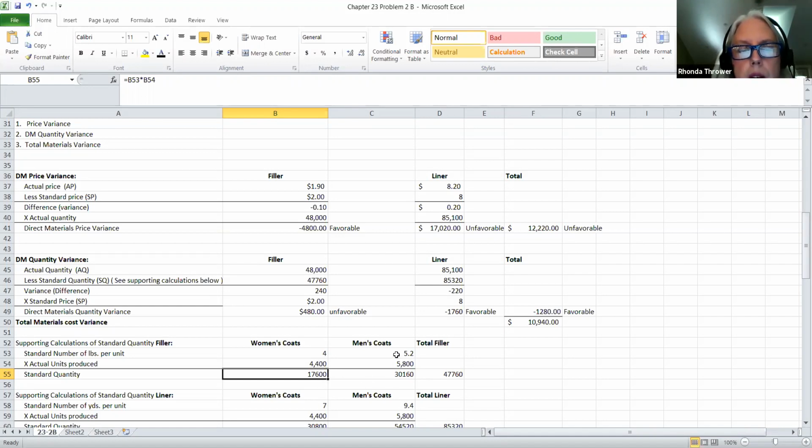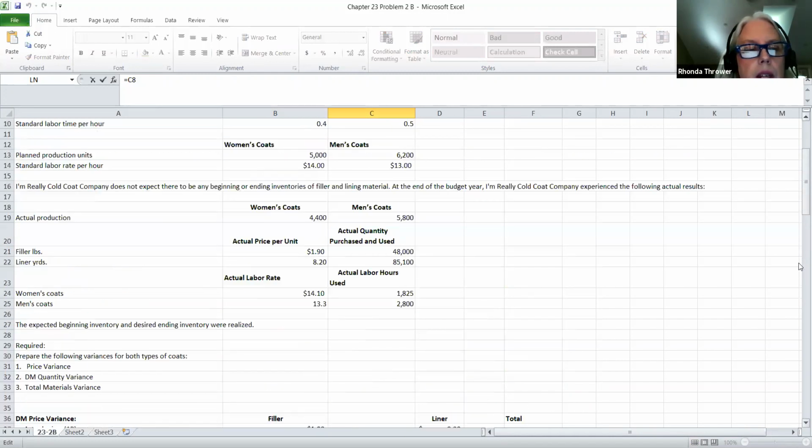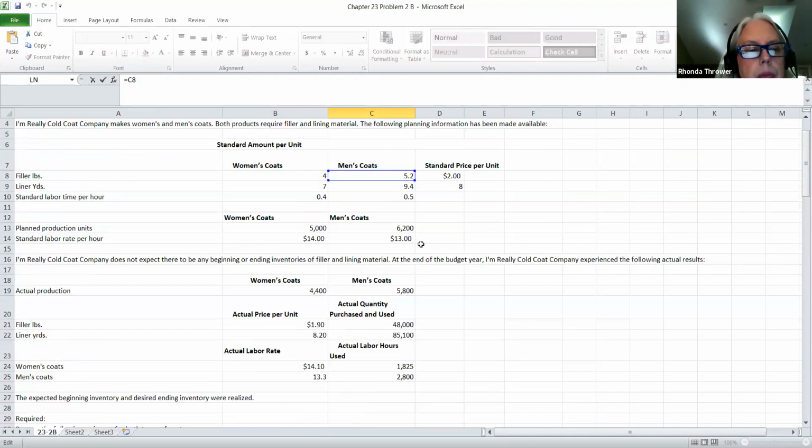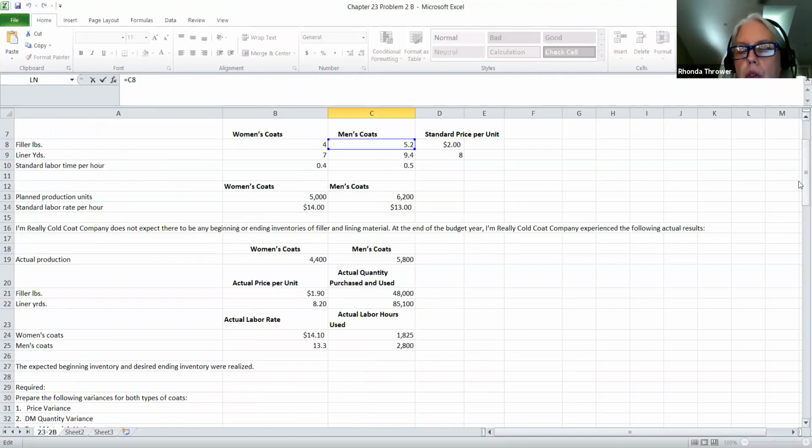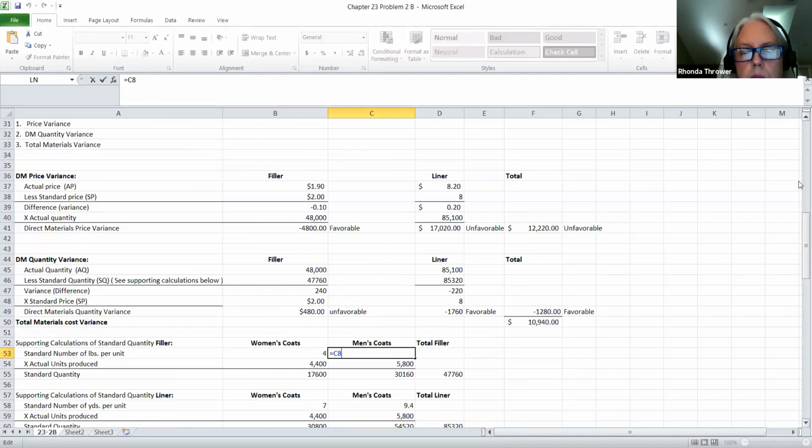For the men's coats, the filler is going to take 5.2 pounds, and we get that from cell address C8. So if you look back at C8, this is the filler, this is the men's coats. 5.2 pounds is the amount of the filler for the men's coats.